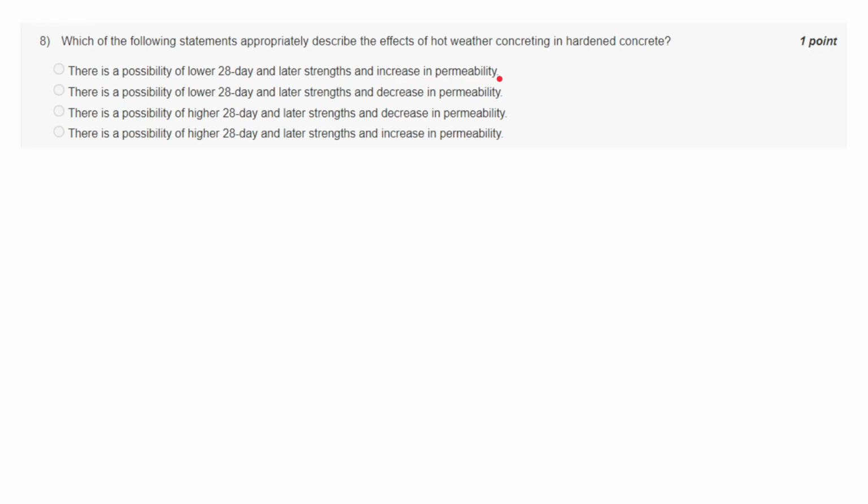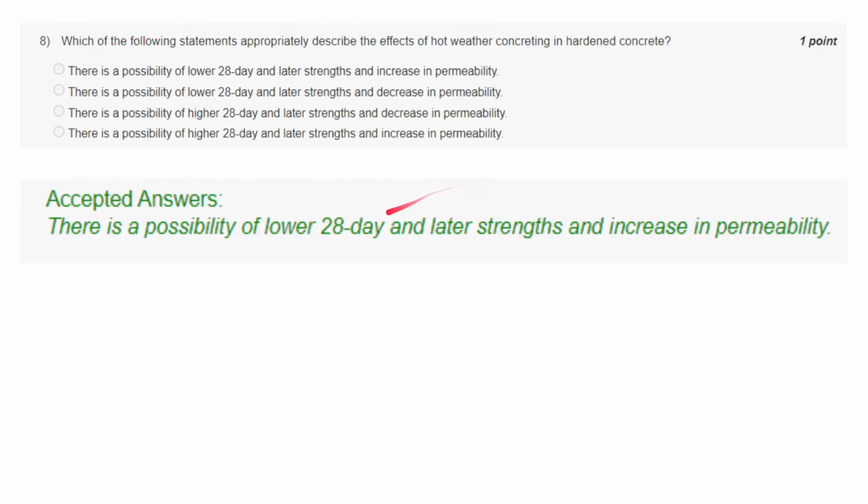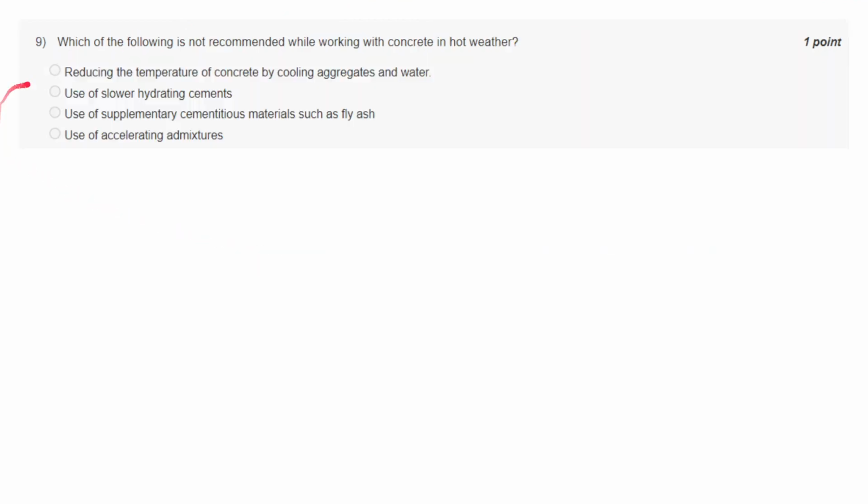And the increase in permeability is mainly because of the development of cracks, basically three cracks: plastic shrinkage, drying shrinkage, and thermal shrinkage. So the first option, a possibility of lower 28 day and later strengths and increase in permeability, will be the correct option. So ninth question, which of the following is not recommended while working with concrete in hot weather?